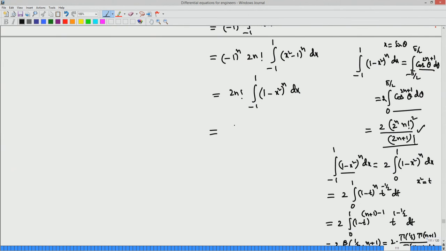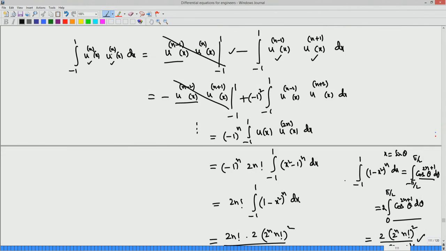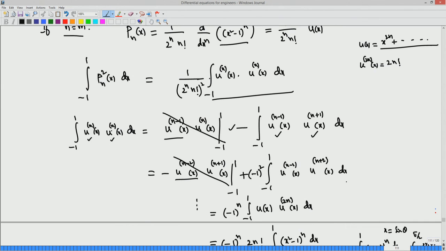What you end up with finally is 2n factorial into 2 into 2n n factorial square divided by 2n plus 1 factorial. So, this is exactly 2 divided by 2n plus 1 into 2n n factorial square. This is what this integral is if you substitute here.